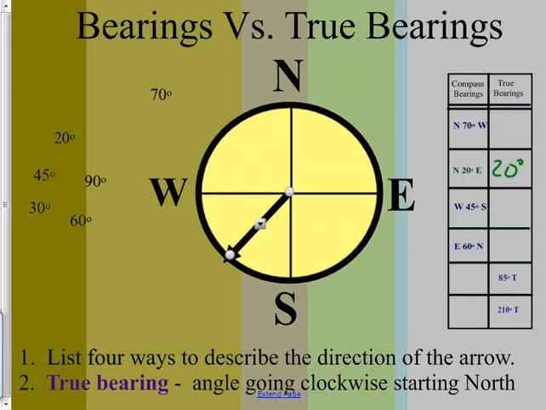Good. Now, if you had used that other system, the true bearing for it would have been what? Don't say it. Write it. And then I want you to zoom in on it and compare it with the kid next to you and see if you guys agree with each other. Give you a hint.